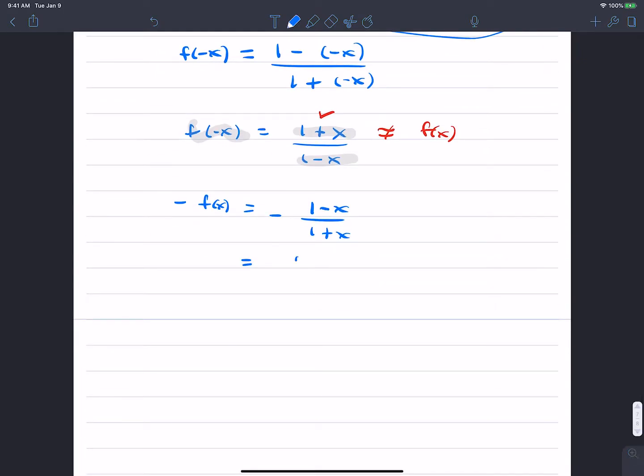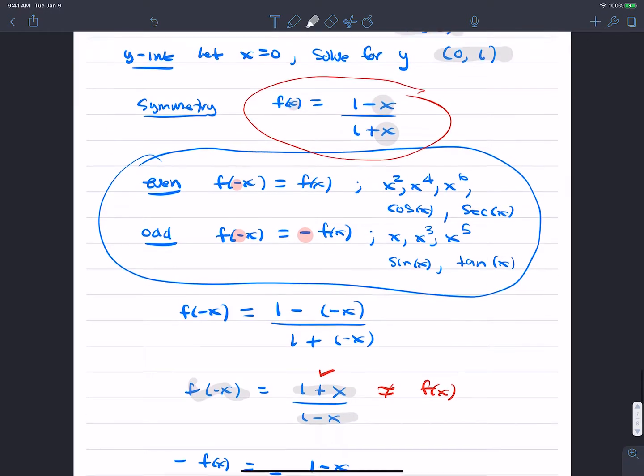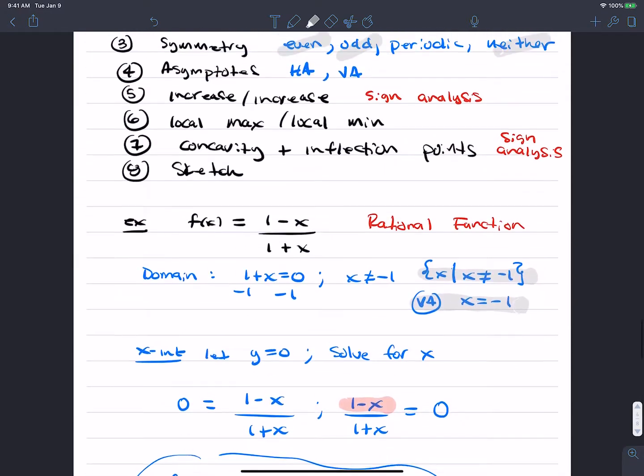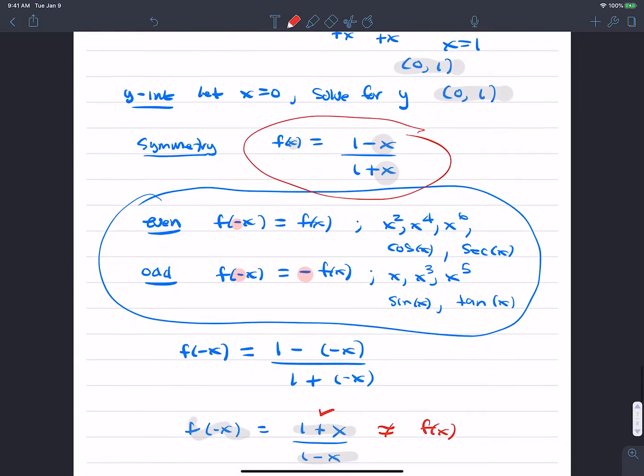And that's going to be, if we distribute our negative sign at the bottom, we get negative 1 minus x. And yes, that's not the same. So we were correct here. Okay. So that's not the same as f of minus x, so you know. Okay. So what that means is the function is neither even nor odd. So in terms of symmetry, we're going to say that this is under that neither situation if we go way back up here. Okay? So here's the neither. So symmetry has no symmetry.